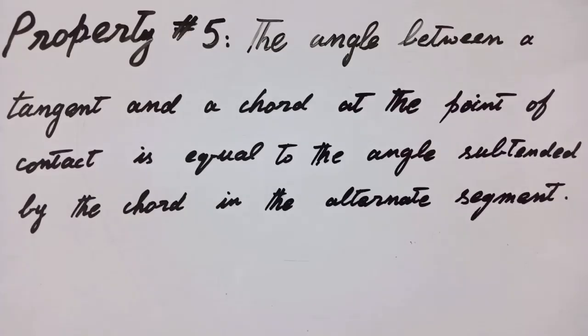Now, last but not the least, the fifth property: the angle between a tangent and a chord at the point of contact is equal to the angle subtended by the chord in the alternate segment.